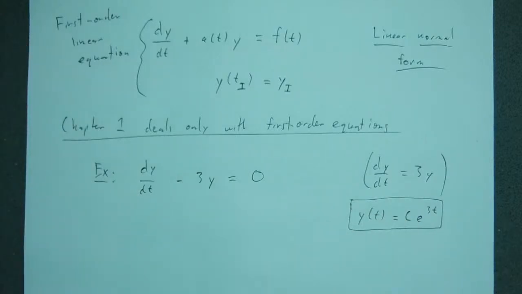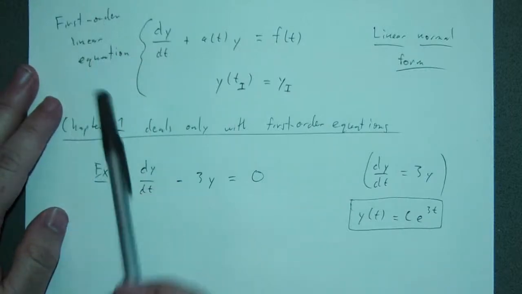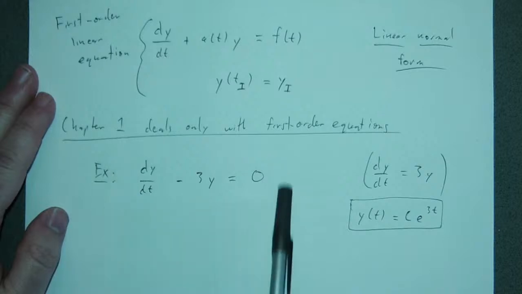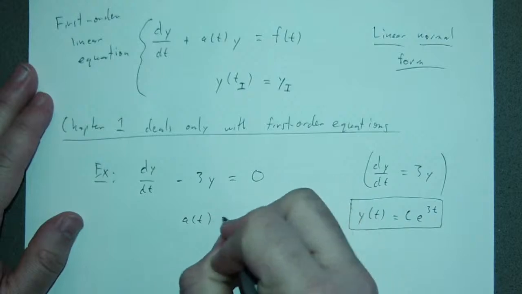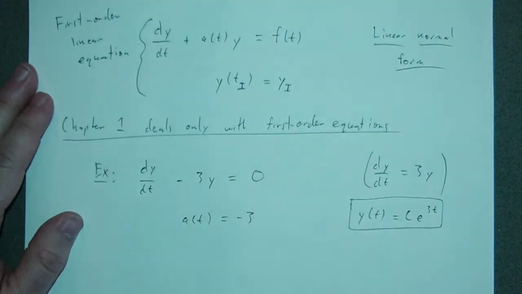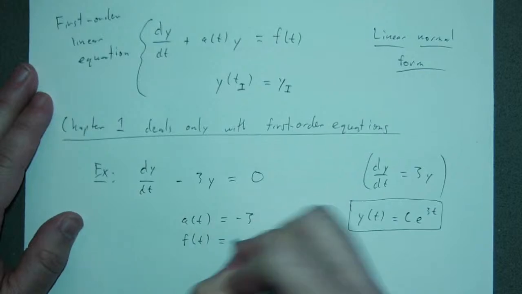Okay. Now, just to introduce some notation that we're going to use throughout the course, when you have a linear equation like this, we can see here that a of t is the constant function minus 3, and f of t is the constant function 0.